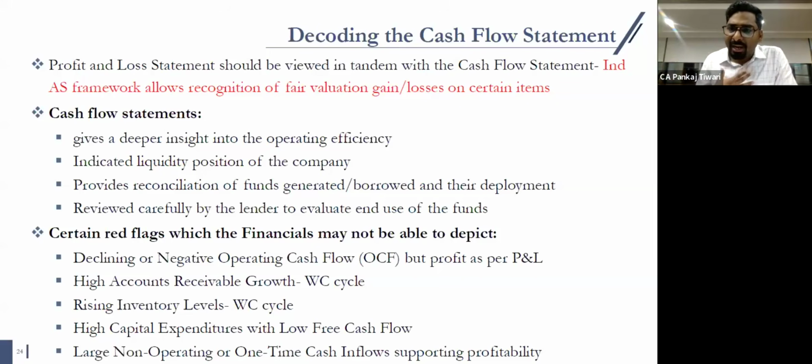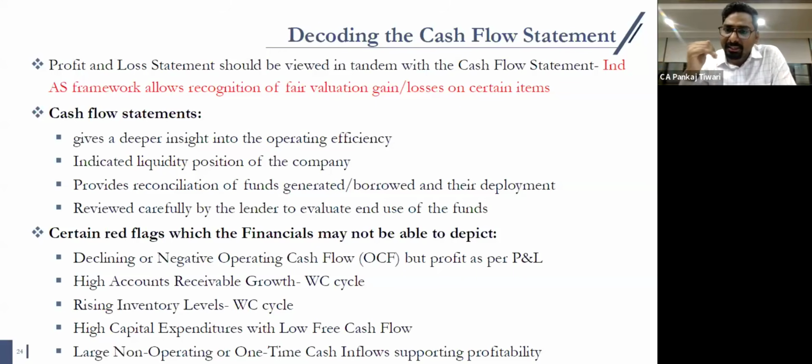So, as an investor, if I have to evaluate a company, I will look at a notional income, on a conservative side, whenever there is a loss. But if there is a notional income which has been recognized in the current year, which has actually not translated into cash, as an investor, I will discount it. So that's why the cash flow statement becomes a very relevant and important area for us.